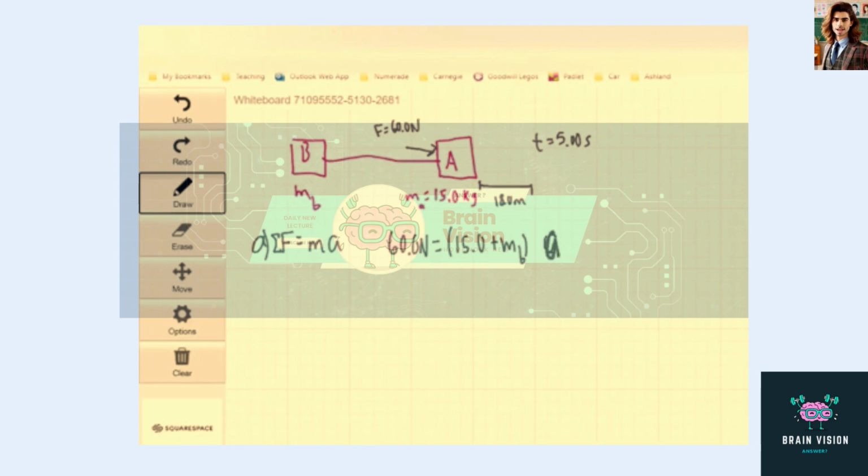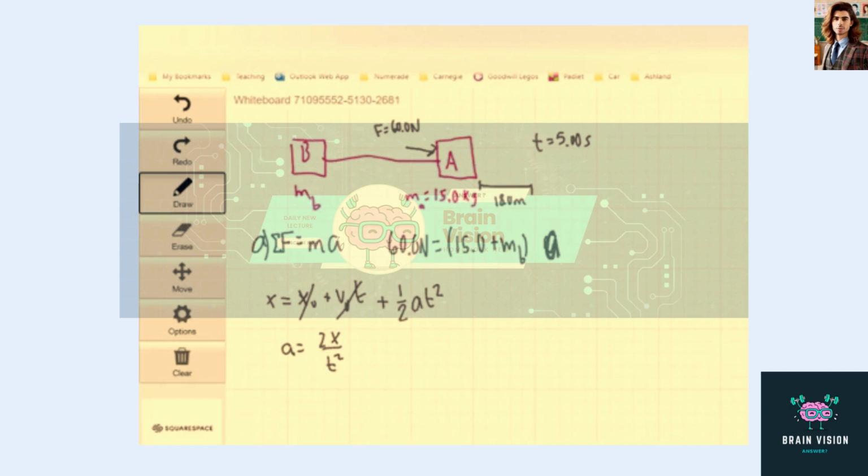We don't really know the acceleration initially, but x is going to be x0 plus v0t plus 1/2 a t squared. Since x0 is 0, and since the velocity initially is 0, then a is going to be 2x over t squared.